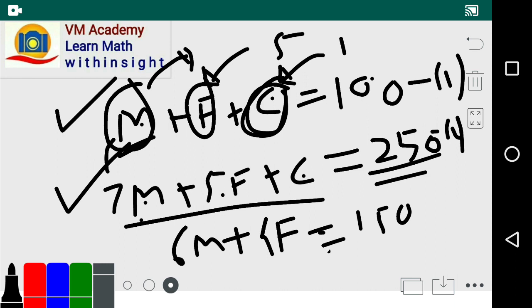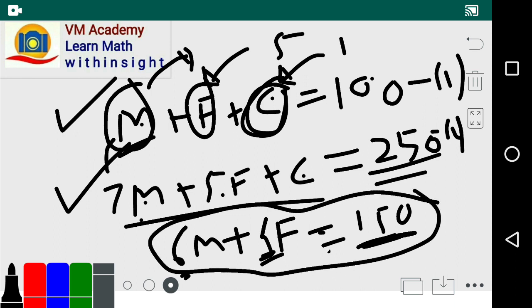Now if we observe here, the common factor between 6 and 4 is nothing but 2, and 2 perfectly divides 150, therefore a solution exists here. The GCD of 6 and 4 perfectly divides the constant term, so a solution exists.